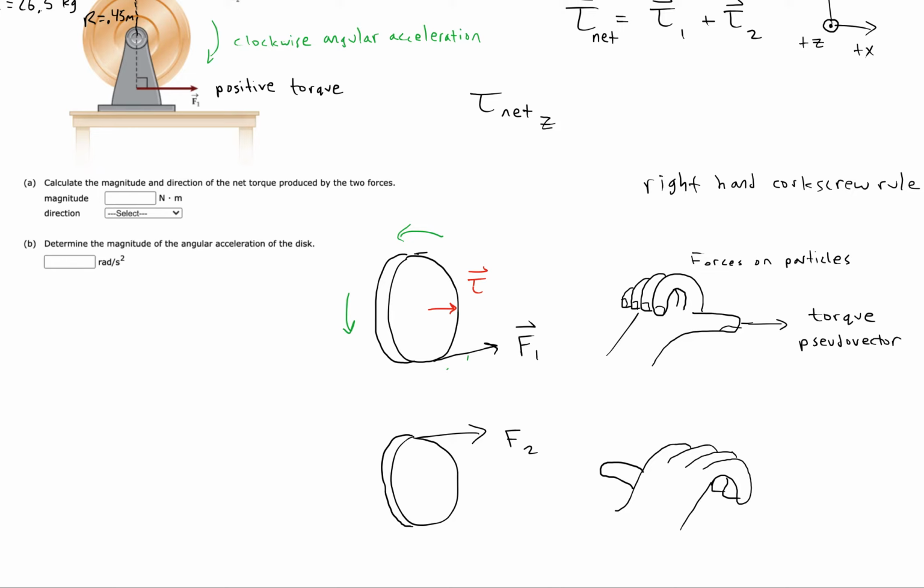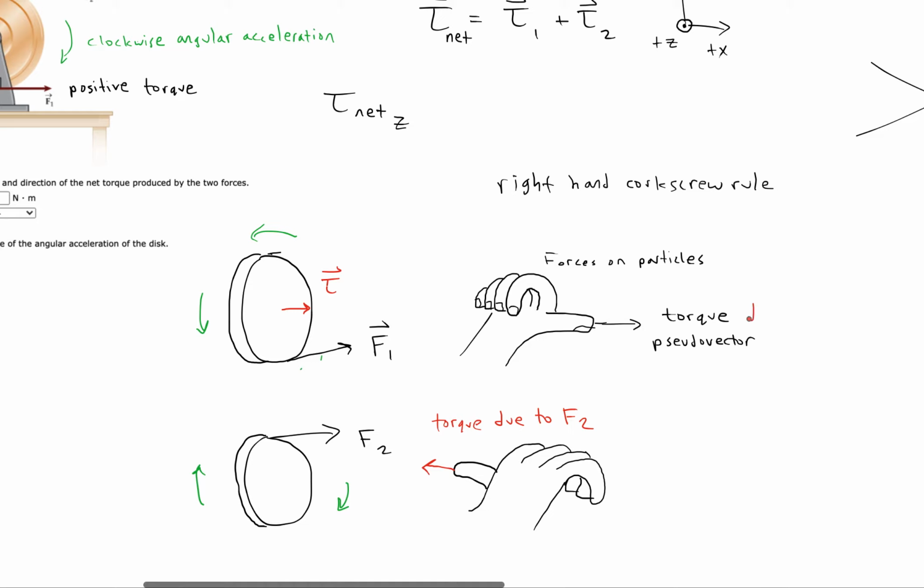Alright, so F2 makes our disc want to spin clockwise. And now our torque pseudo-vector, this is the torque due to F2, whereas the one above was due to F1.